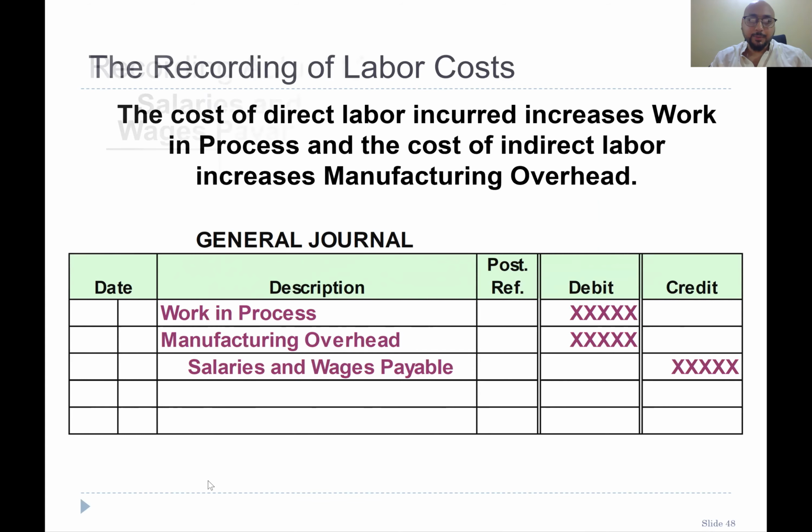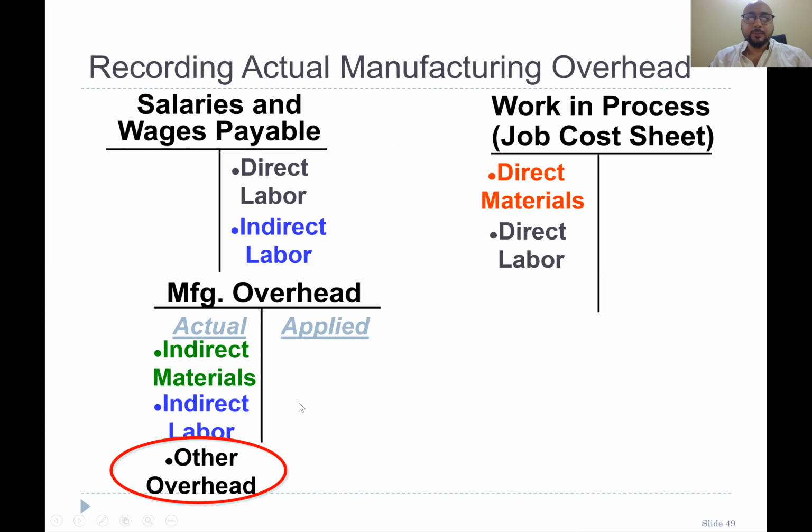Let's move forward. And now there come the other expenses. Remember, these are actual ones, right? Because for applied overhead, without converting raw material into finished goods, we assume or anticipate the manufacturing overhead in advance.